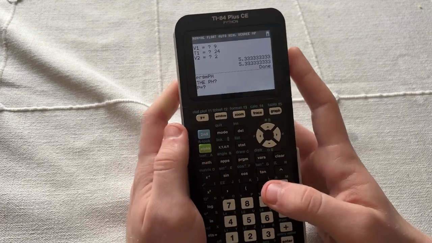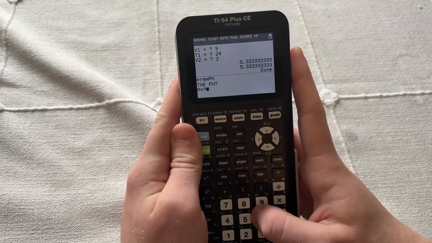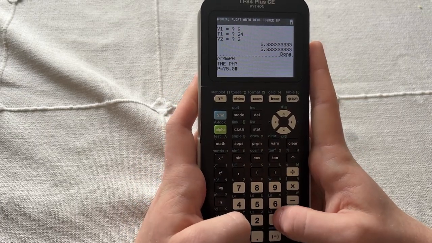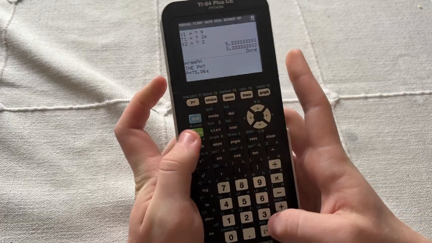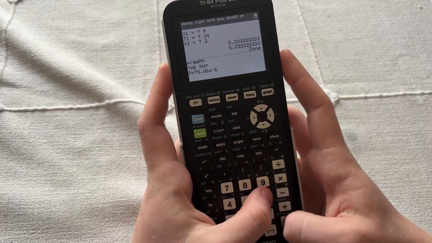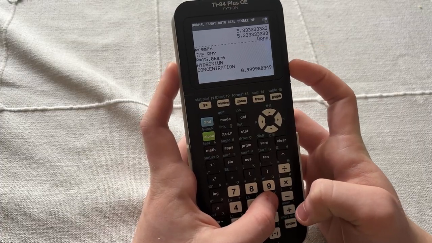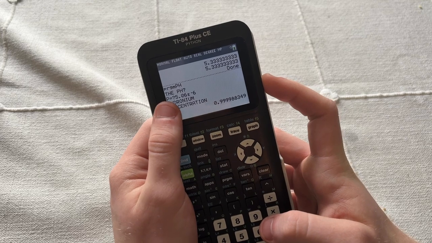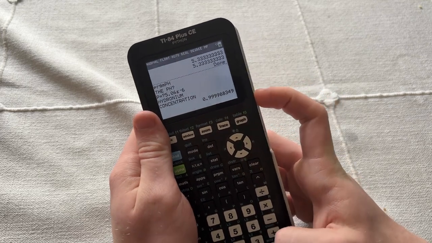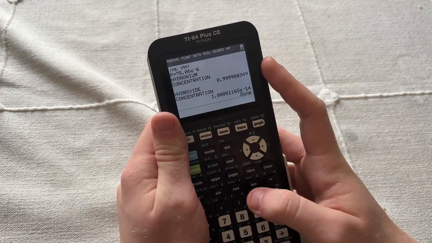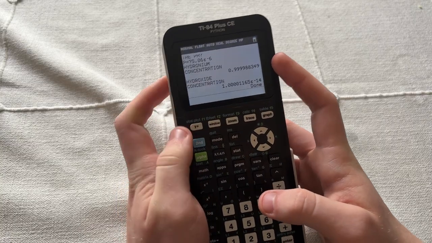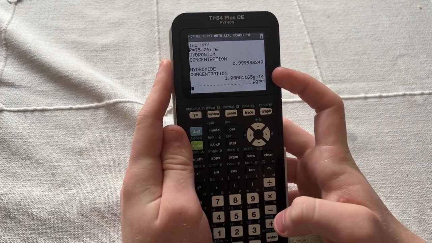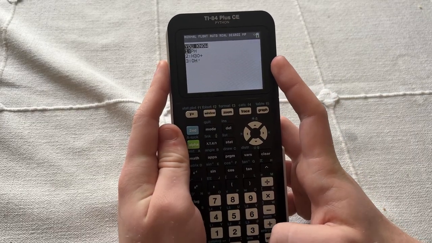We'll say we are trying to find out the pH, so we'll say there is 0.056 E to -6. That's the concentration of hydronium ions. So this is whatever your pH is going to be, and that's going to be the hydronium concentration. And then if you hit enter again, that gives you the amount of hydroxide concentration.